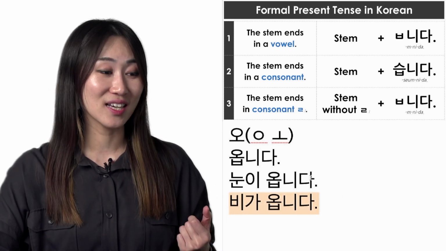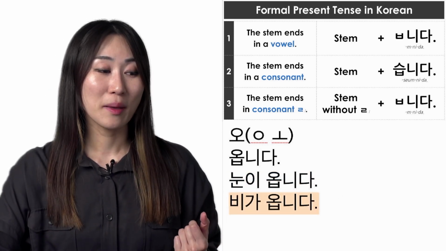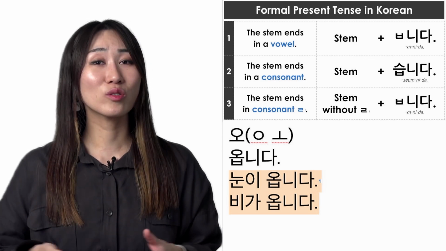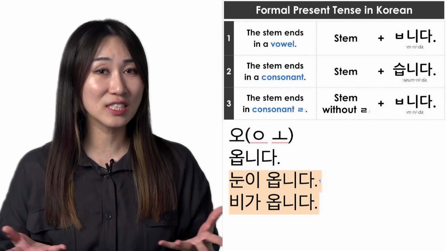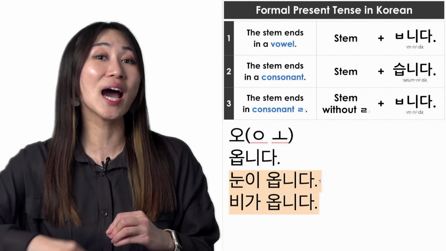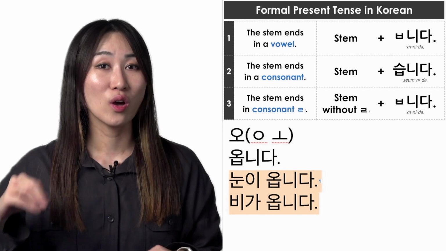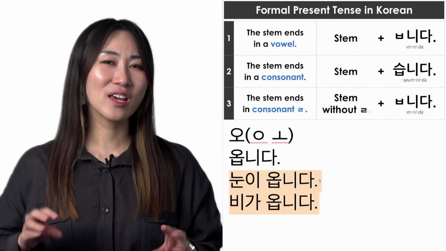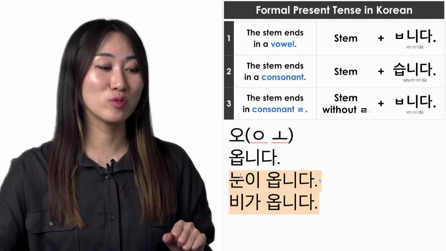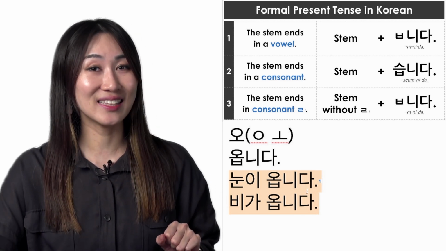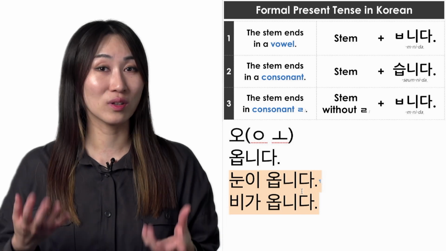It rains. It snows. So maybe you can talk with your colleagues or your professors, your bosses, managers, or someone who is higher social status than you. Or even if they are not in a very high position, some people use this 니다 ending just to be polite.